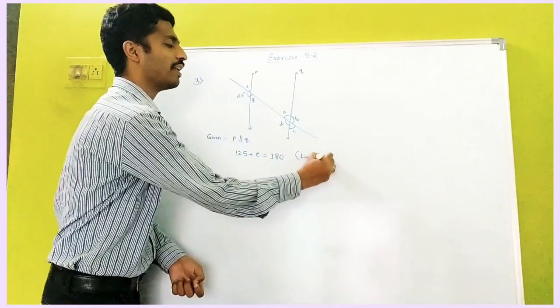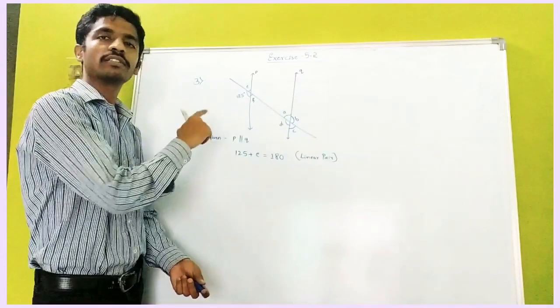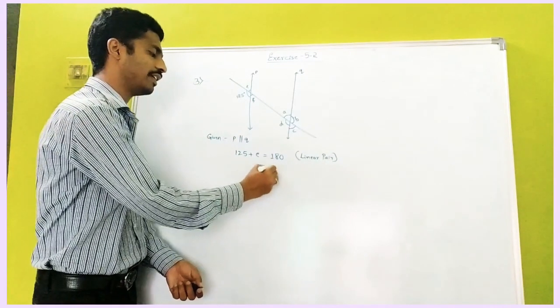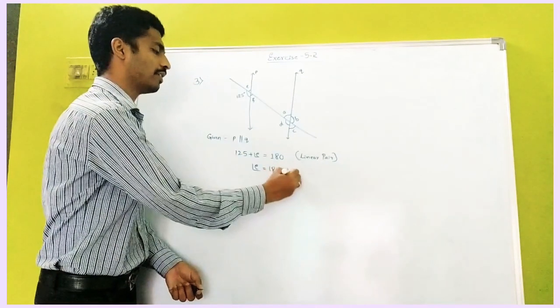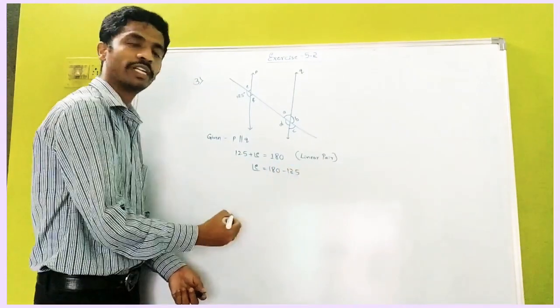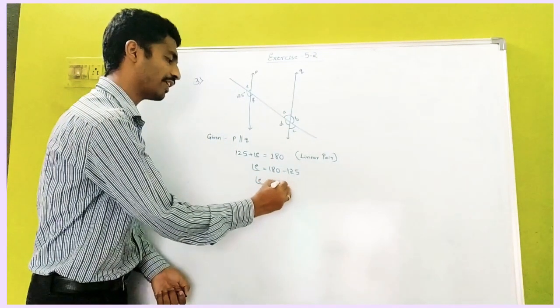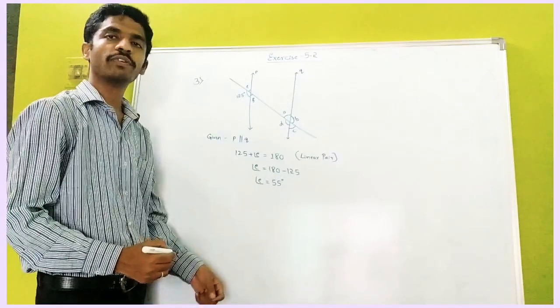What is a linear pair? Sum of angles on a straight line gives us 180 degrees. So angle E equals 180 minus 125. How much will we get here? Angle E equals 55 degrees.